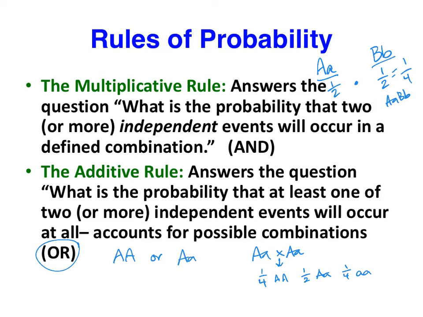So in this example, I can say the probability of having these genotypes would be 1/4 plus 1/2. That is the probability of having this genotype, A_, is 3/4. Cool. Let's use these rules of probability a little bit.